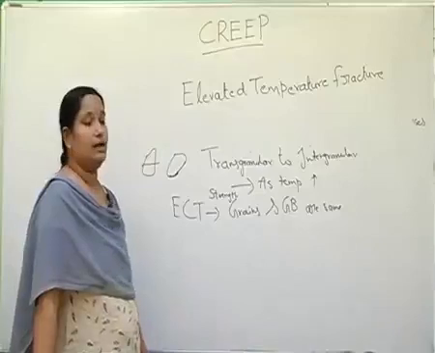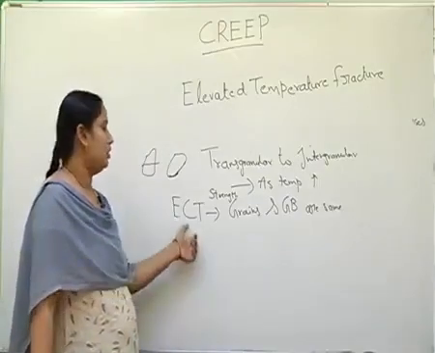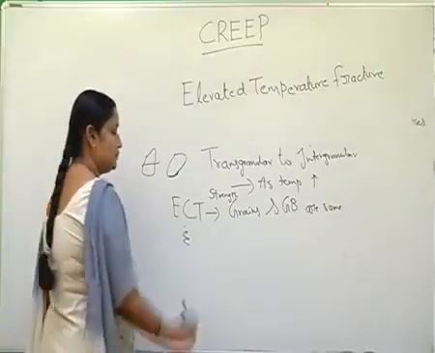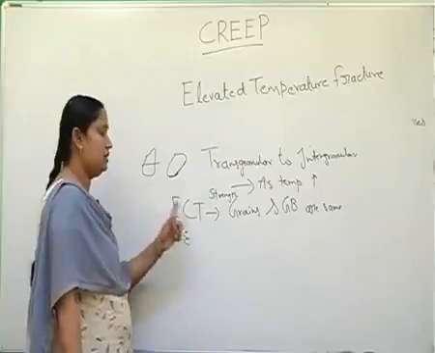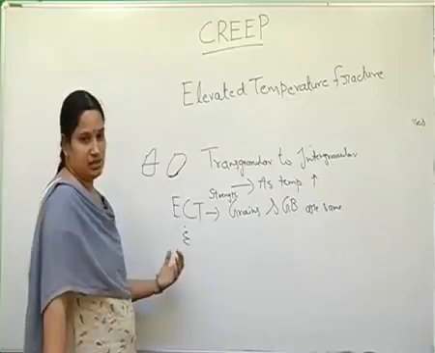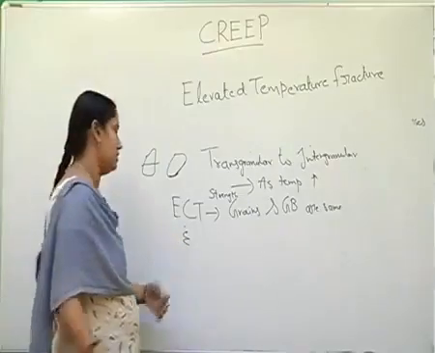Apart from other factors, strain rate, indicated by epsilon dot, has an effect on the equicohesive temperature.